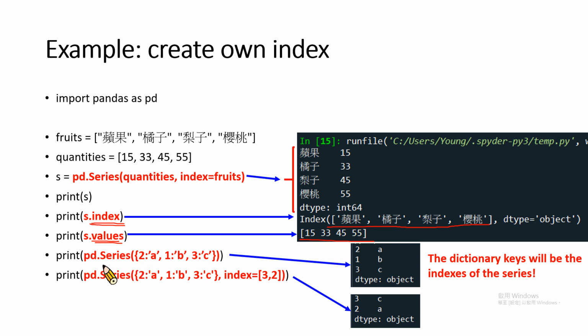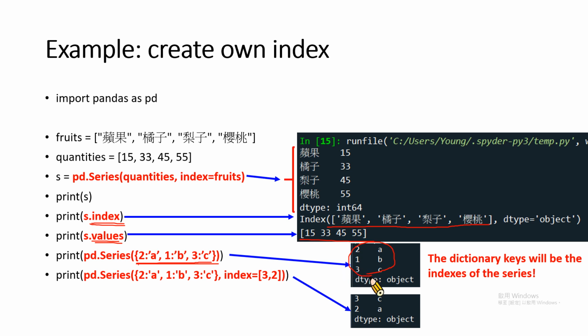And we can construct a series using a dictionary. You see here, we construct a series with a dictionary, and the keys of the dictionary become the index of the series. If you print it out, you will see 2, 1, 3 are the keys.